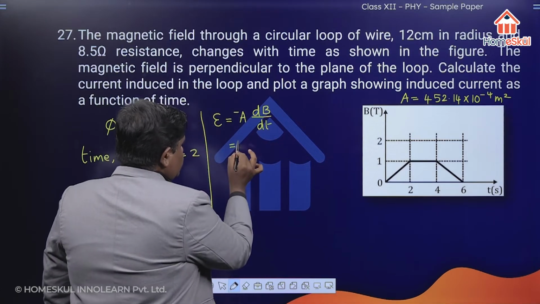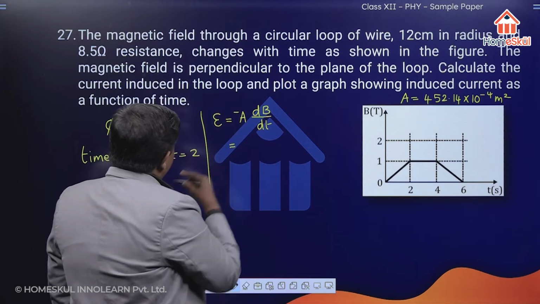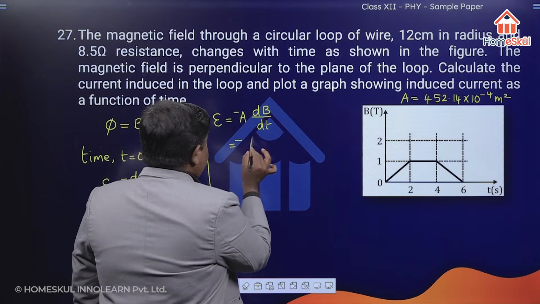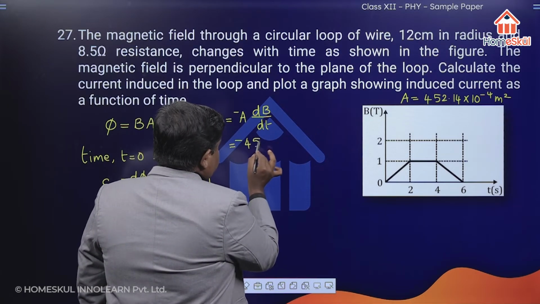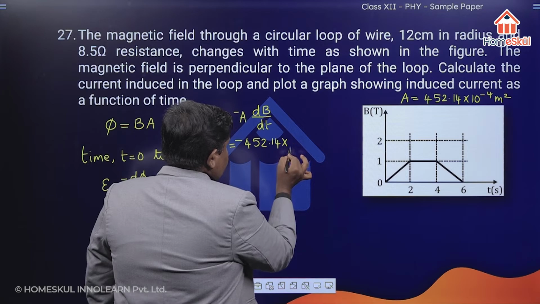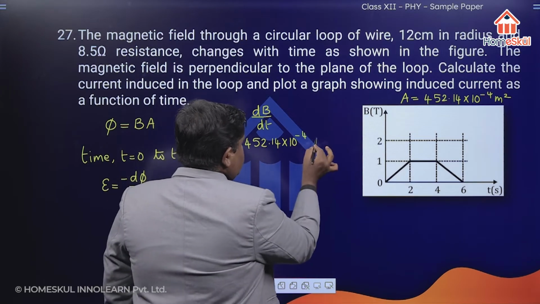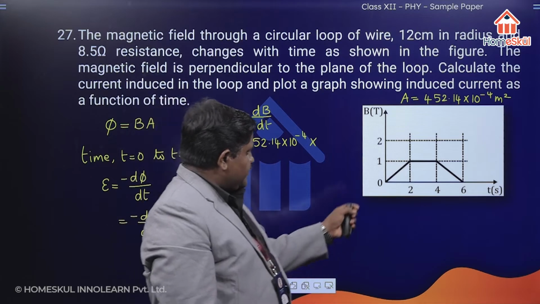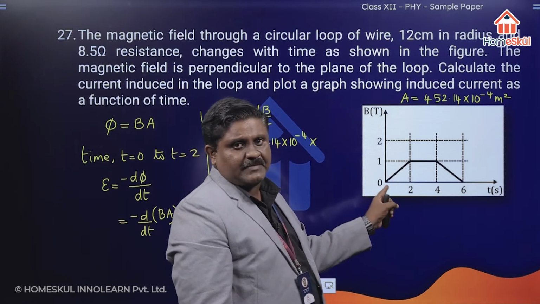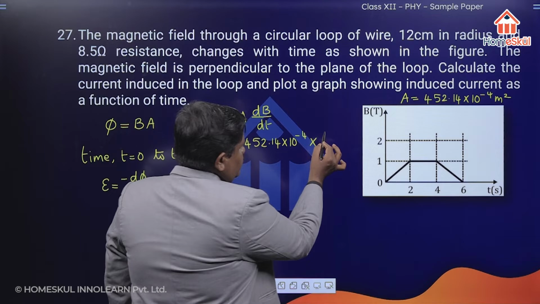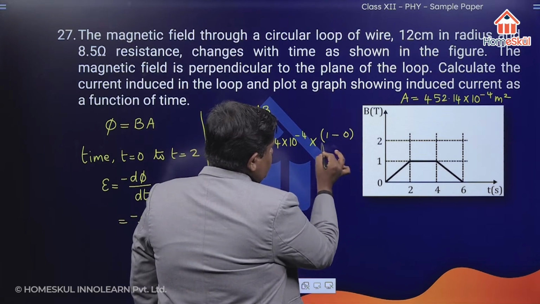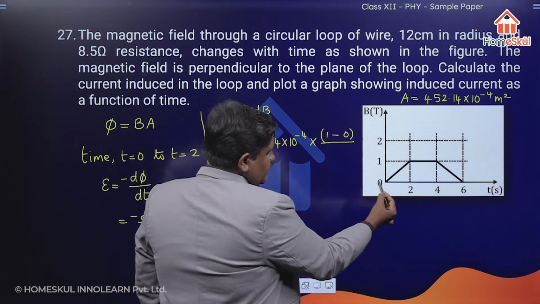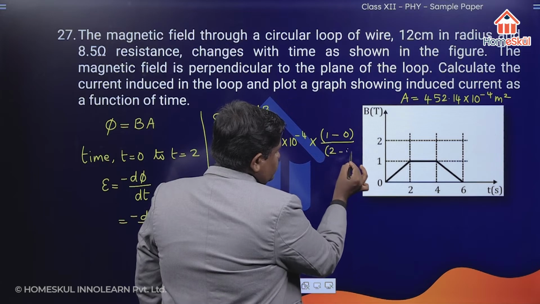That is equal to, giving the value of A, minus 452.14 × 10^-4 into dB. dB is the difference of the magnetic field, that is (1 minus 0) divided by the time, (2 minus 0).